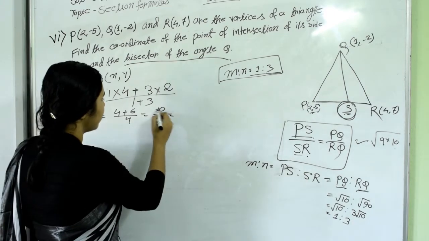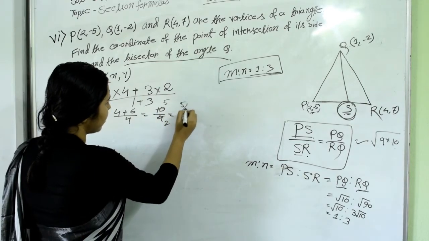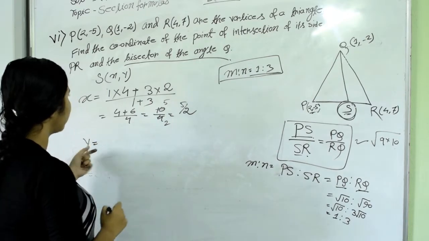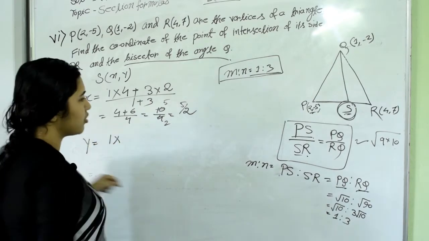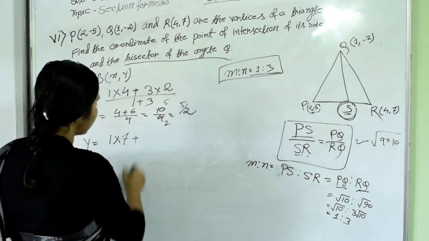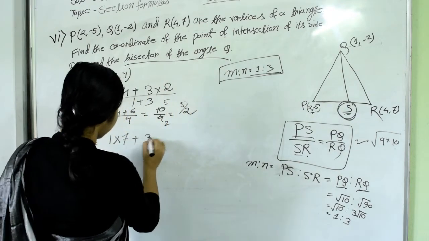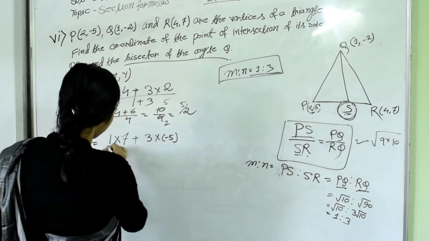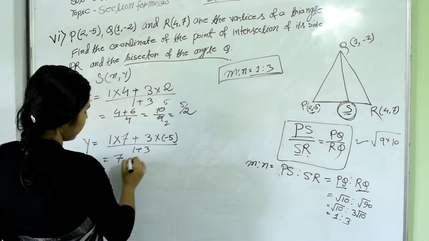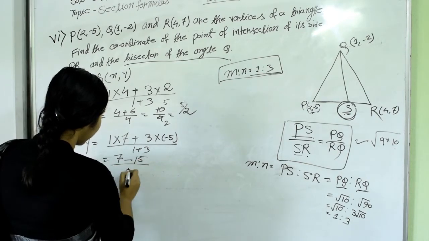Now reduce this fraction, divide by 2, we'll get here 5 by 2. And the value of y equals to m into y2, which is 7, plus n into y1, which is minus 5, by m plus n. 7 ones are 7, 3 fives are minus 15, by 4.